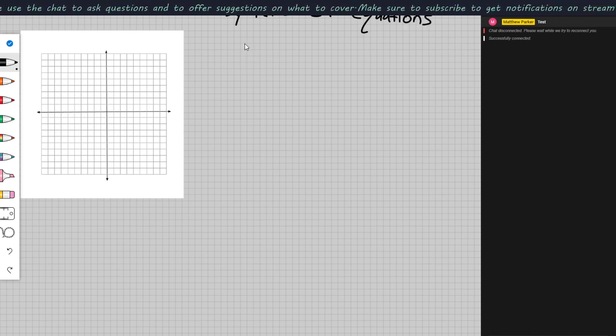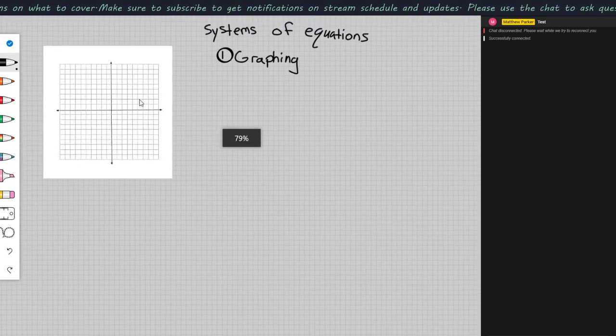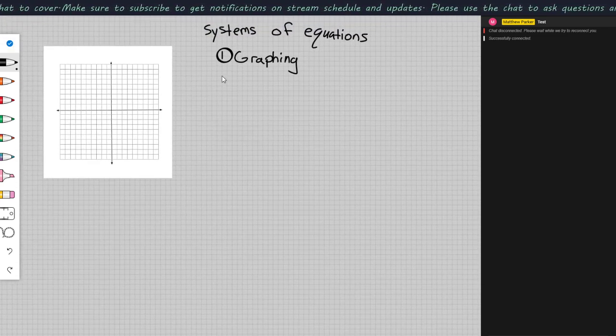So the three ways that we can solve it, the first way is graphing. That's either plugging it into your TI-83, graphing it by hand on graph paper, or just using Desmos.